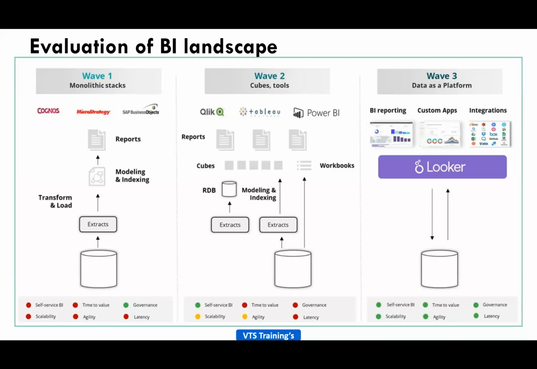Now in Looker, the BA reporting guy can easily get the entire data from the underlying platform and transform it according to the business user and provide it. So here Looker is eliminating all dependency on the data team, the extraction loads, cubes and workbooks.